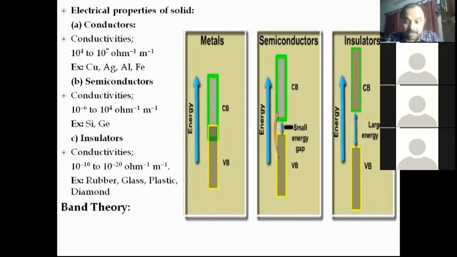In an insulator, the energy gap between VB and CB is so large that even on increasing temperature, electrons cannot cross it, and so conduction is negligible. This is in brief about band theory.